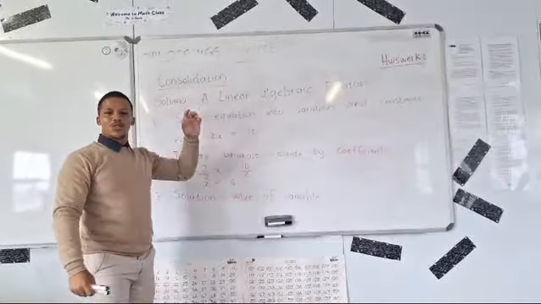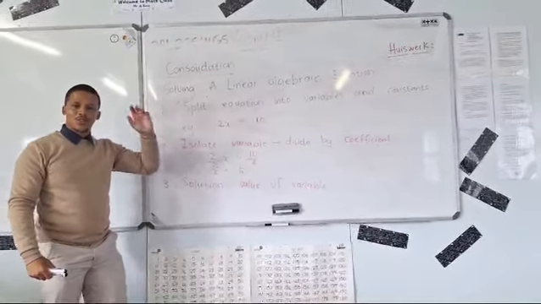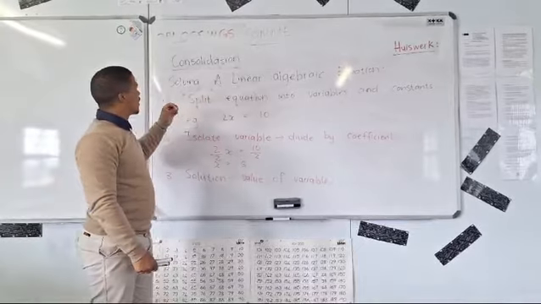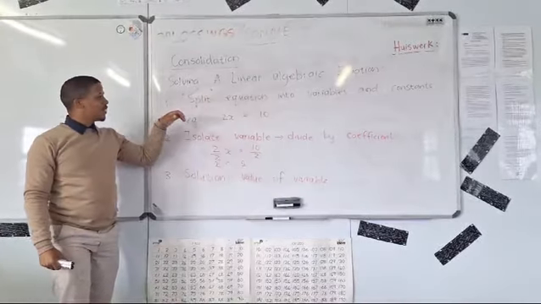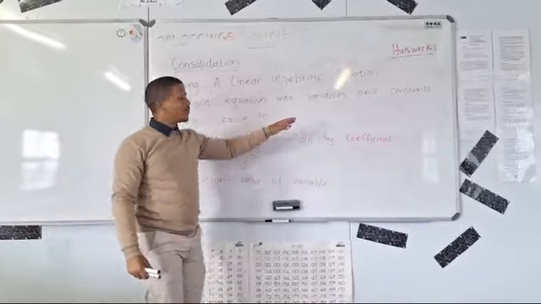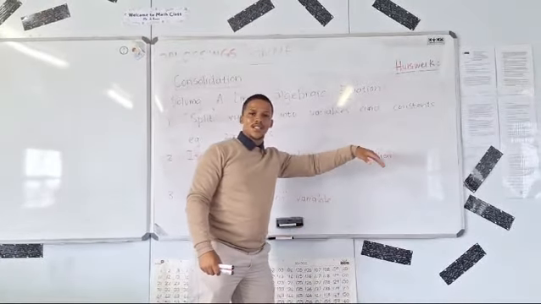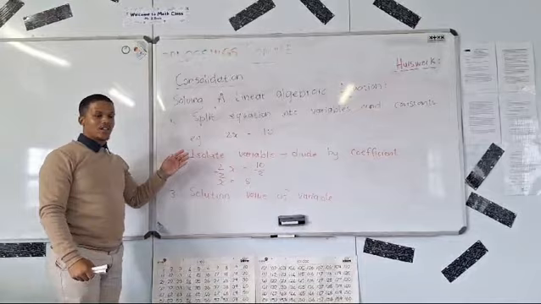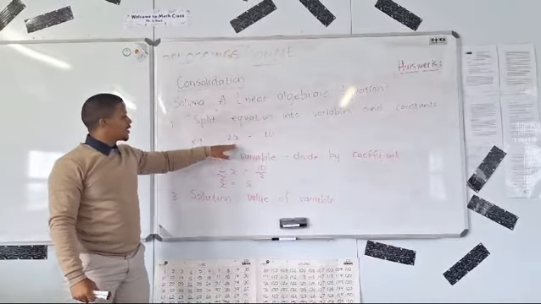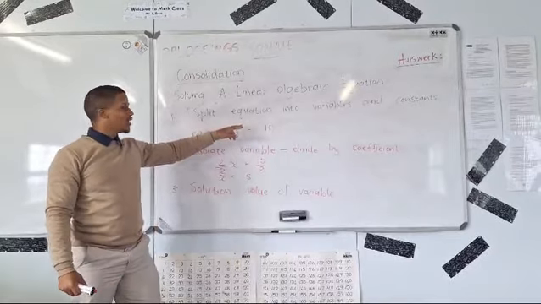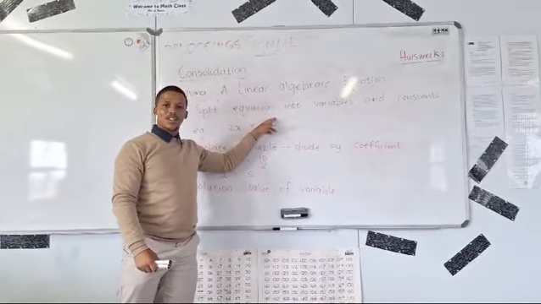So guys, we consolidate linear algebraic equations. You have to first split the equation into variables on the left hand side and constants on the right hand side. Right. An example is 2x is equal to 10. So split into x's on the left and constants on the right.